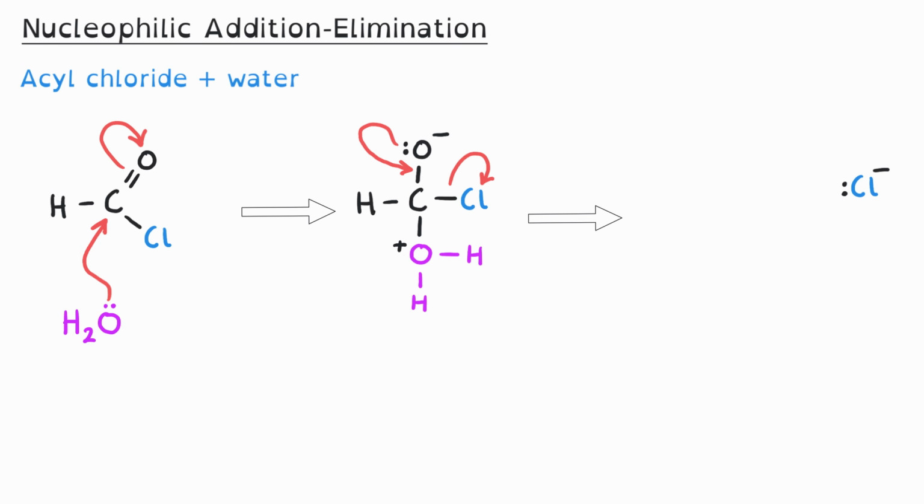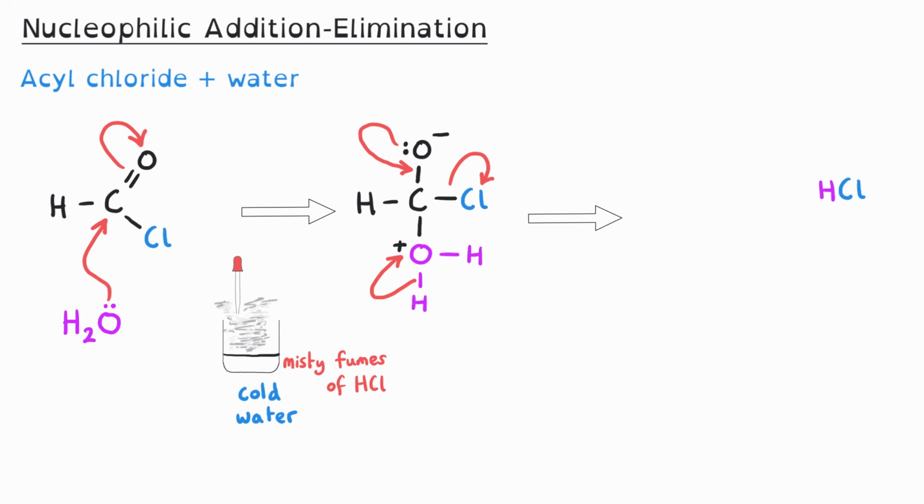The nucleophile needs to achieve stability, so it breaks its bond between the oxygen and one of the hydrogens and takes both of the electrons onto the oxygen, thereby stabilizing that positive charge, and the hydrogen leaves as a positive ion and the chlorine leaves as a negative ion, and so we end up producing hydrogen chloride, HCl, which we would observe as misty fumes during this reaction.